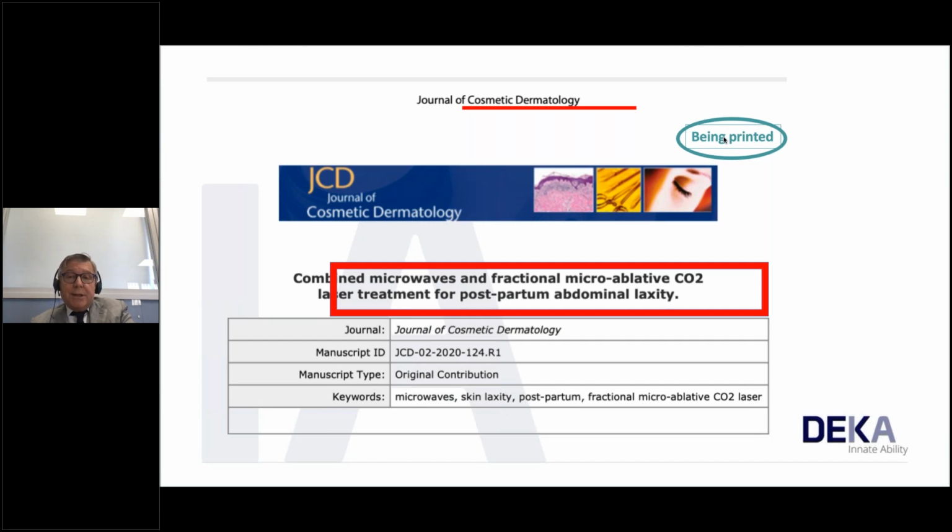We noted the great improvement and enhancement of the tightening in the skin in the postpartum abdominal laxity. And this combination is an incredible tool for us to get firmness in our skin.